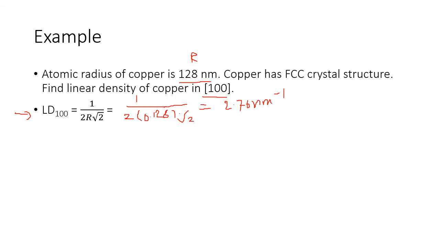So this is the unit of linear density, nanometer inverse, or in terms of meters it would be 2.76 into 10 raised to 9 meter inverse. So this is how we compute the linear density. For calculating linear density, you must know what crystal structure a particular element has.